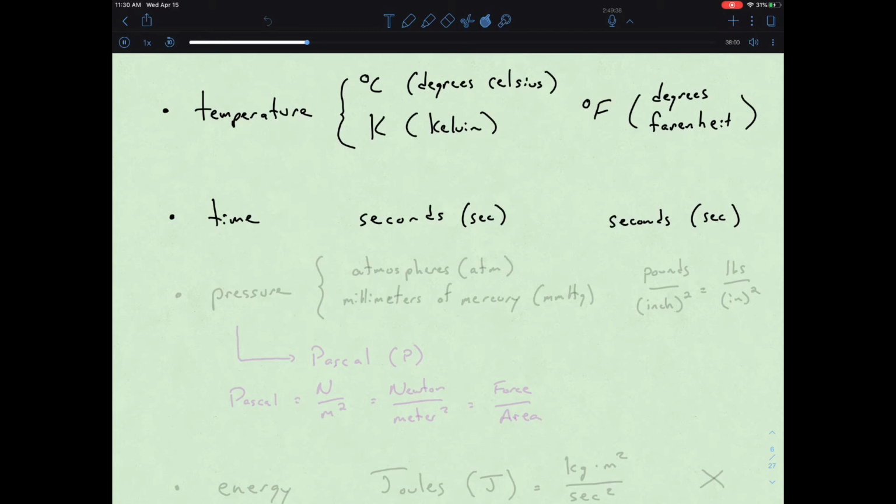We have some other notions, such as pressure. Again, this is one where a unit that we don't tend to use a lot within chemistry is a Pascal.